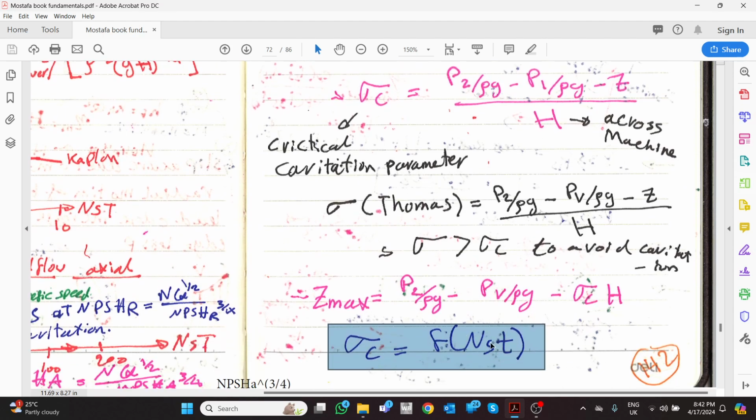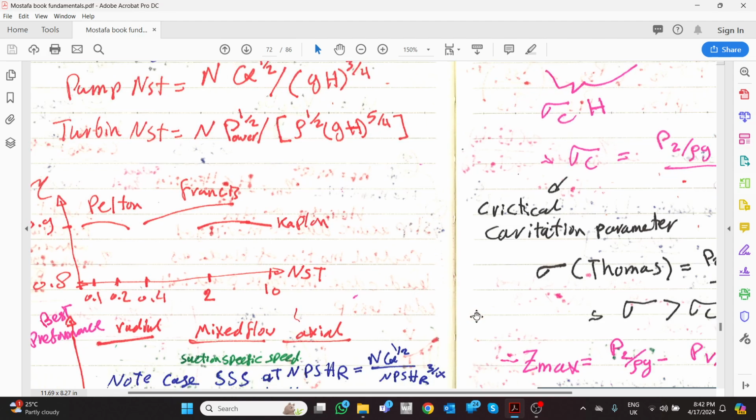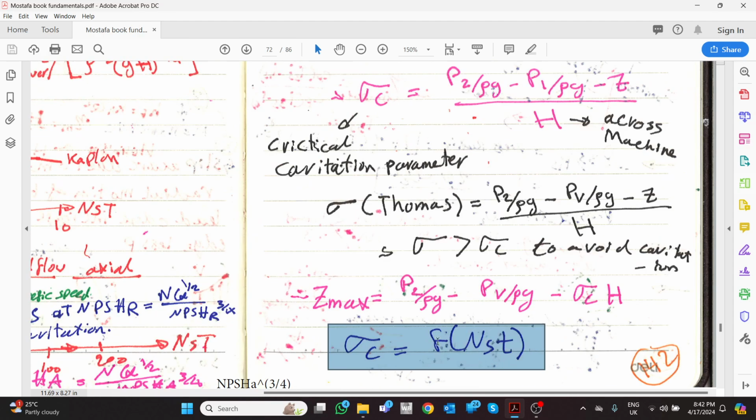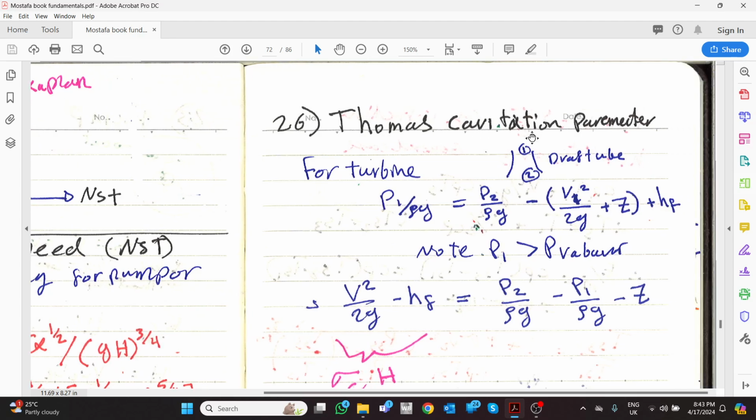Specific speed of the turbine comes from dimensional analysis, which means it is a pi. So if this is a function of a pi, it is a constant for any scale of the turbine. This is the beauty of the critical parameter. And this one is calculated, so you can calculate and get sigma Thoma, or the Thoma cavitation parameter.